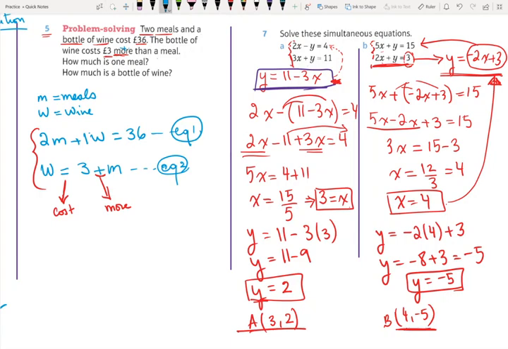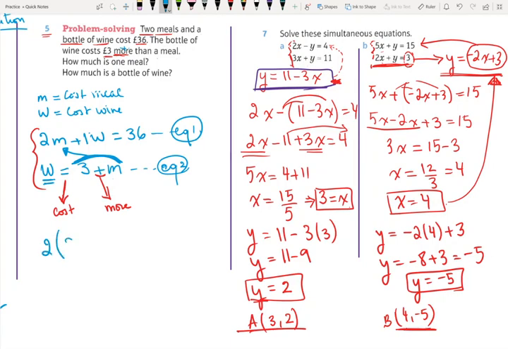So let us add here the cost. M is the cost of the meal, and W is the cost of the wine. So let us write them. They already gave us the value of W in terms of M, so we can directly replace what we have in the second equation in the first equation.